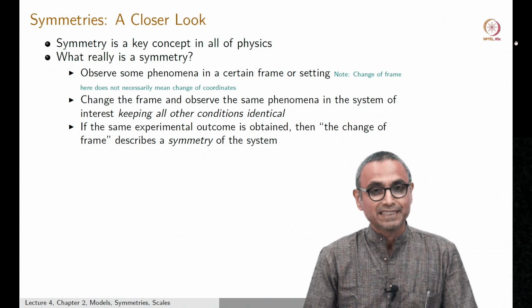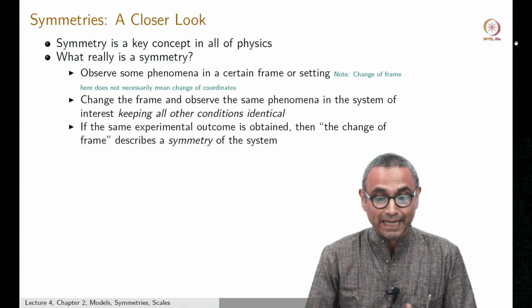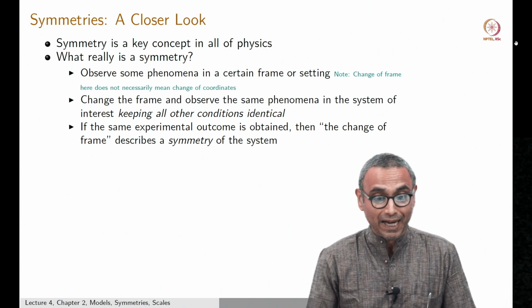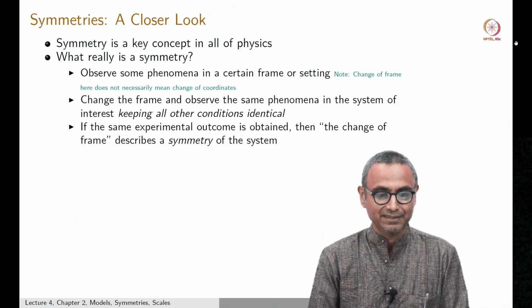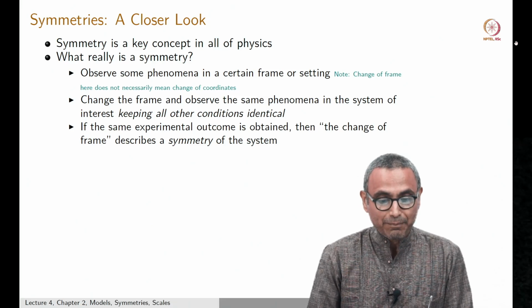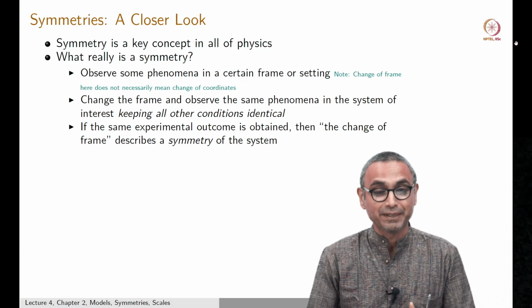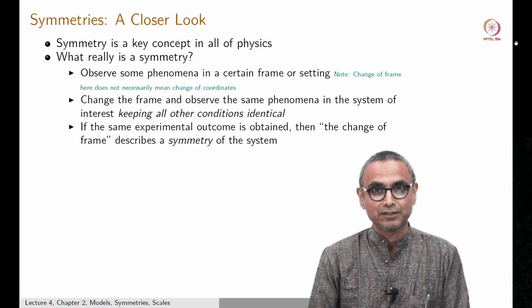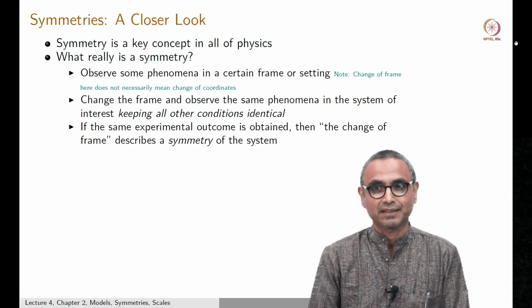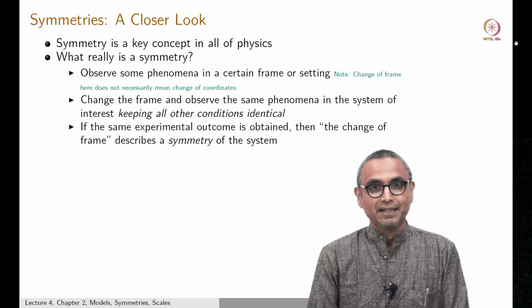And then we change the frame and observe the same phenomenon in the system, keeping all other conditions identical. If the same experimental outcome is obtained in both the frames, then the change of frame describes a symmetry of the system. So this is a very conceptual way of describing this.